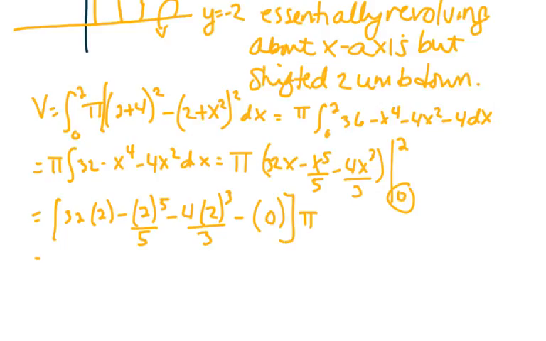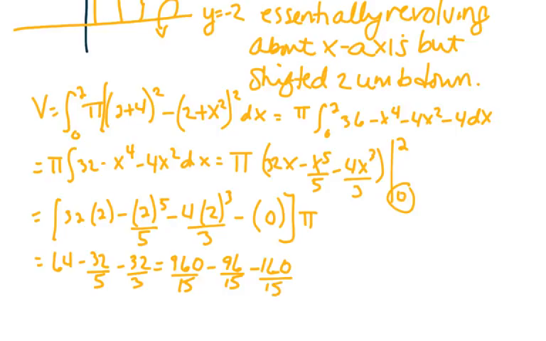And you're multiplying that by pi, and I got 64 minus 32 fifths minus 32 thirds, and if I find a common denominator of 15, I end up with 960 fifteenths minus 96 fifteenths minus 160 fifteenths, and I did get the correct answer on this problem. It's 704 over 15. So you can see what happened with shifting off the major axis, in this case the x-axis. We went down 2 and it changed the radius of the problem, the inner and the outer radii.